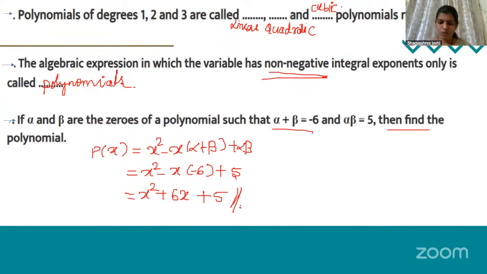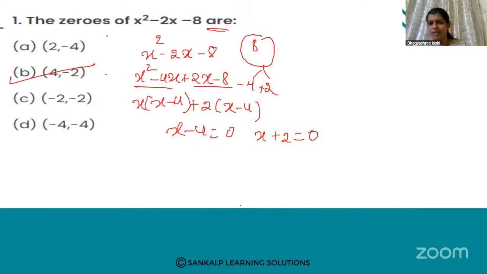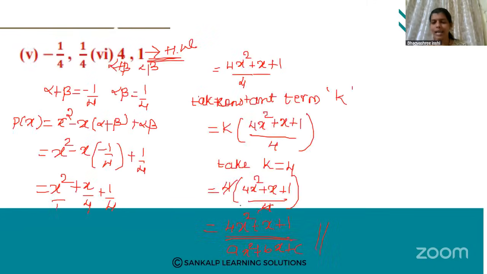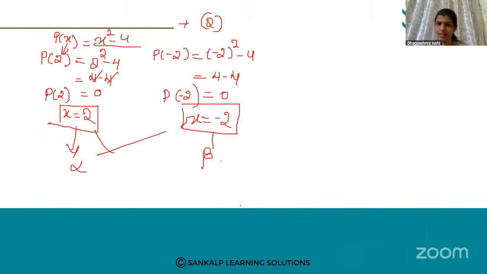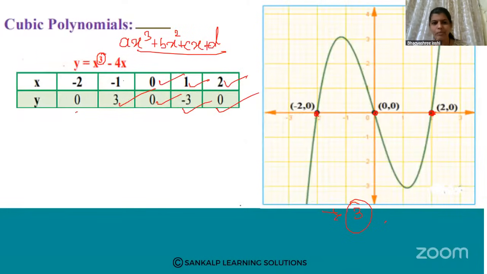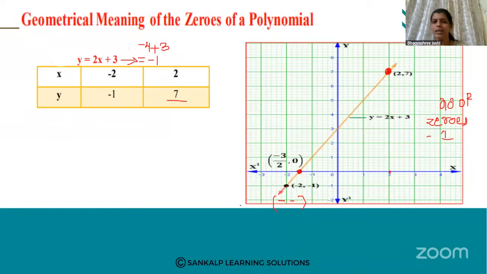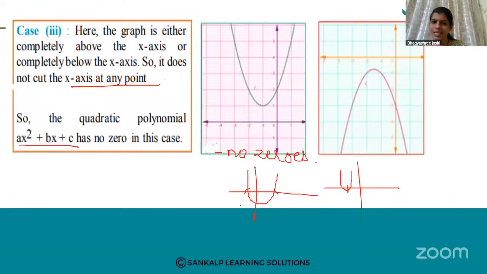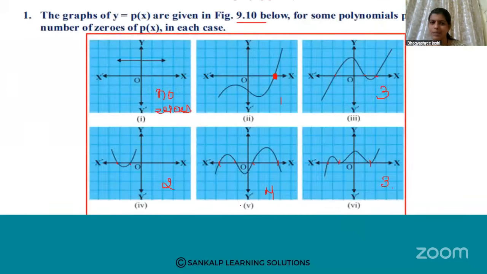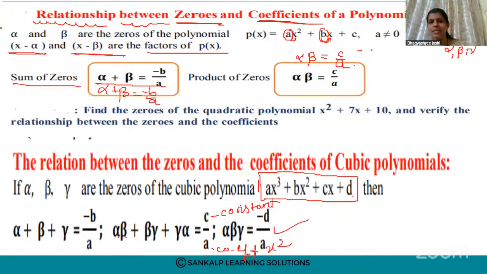Okay. So this completes your polynomial chapter. Here we have learned what is a polynomial and types of polynomial depending upon the terms and depending upon the degree, and the main important point is the geometrical meaning of the zeros of a polynomial. Here we are going to plot a graph. By using that graph, we can tell how many zeros it has, right? And next part is the relationship between zeros and coefficients of a polynomial.